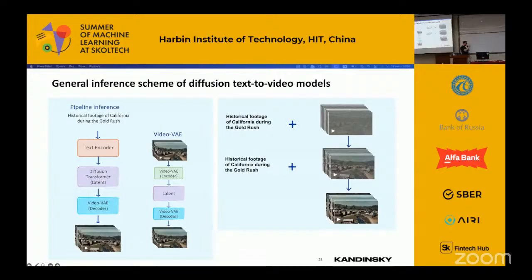So train two or several layers after the decoding layers of the Qwen, for example, to match with this diffusion transformer. It works well. But you can also take, for example, the T5 encoder, or BERT, or CLIP. So whatever you like for encoding the text.